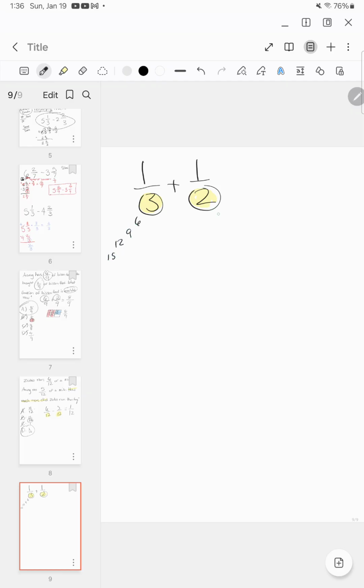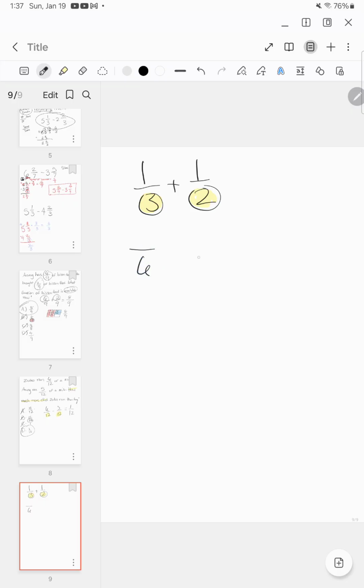For 2, it would be 2 times 2 is 4, 6, 8, 10, 12. So what we're going to use is the least common multiple. That means the quickest number they can both make is 6, which means you would have to make them both have a denominator of 6.